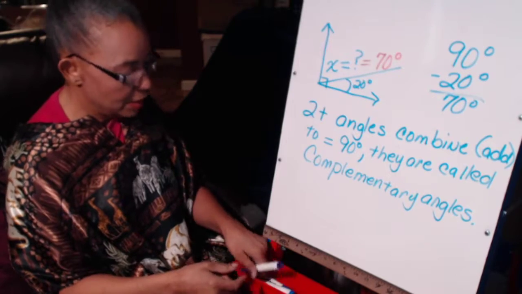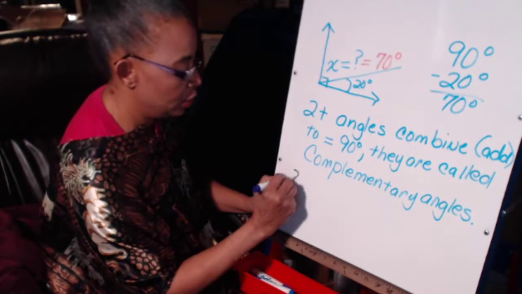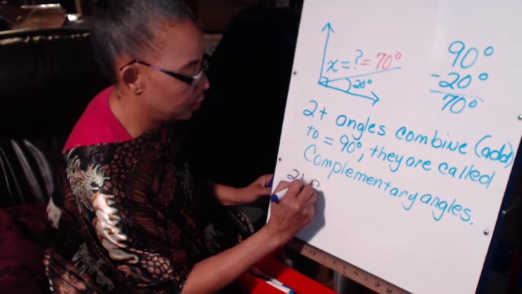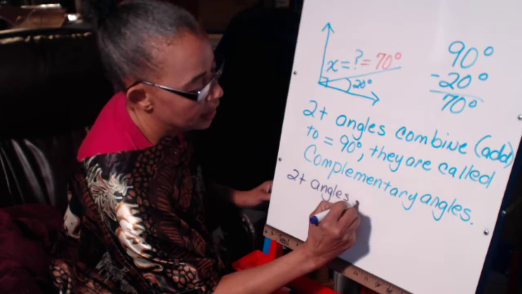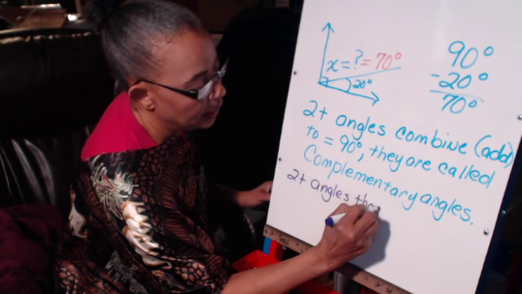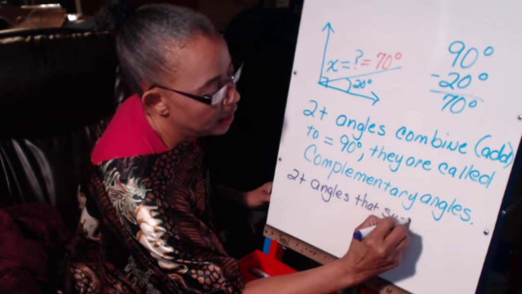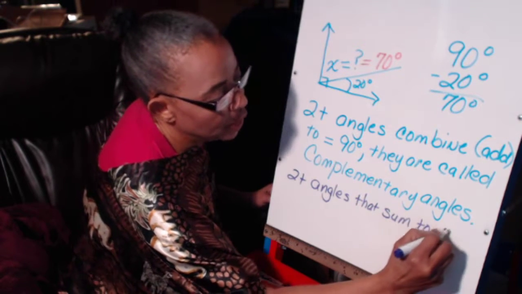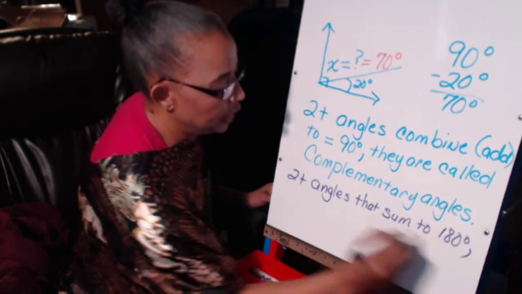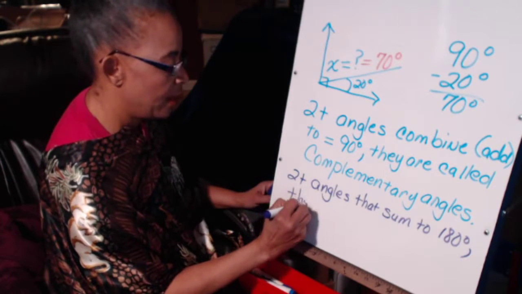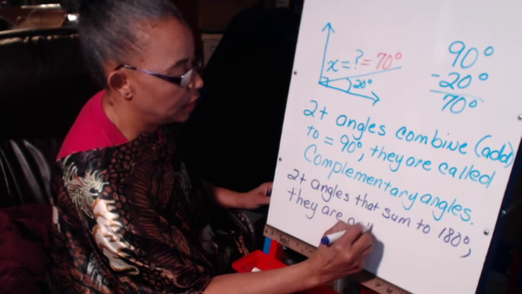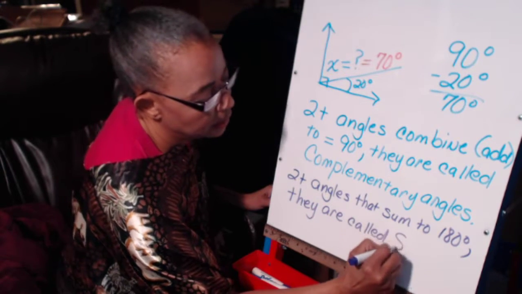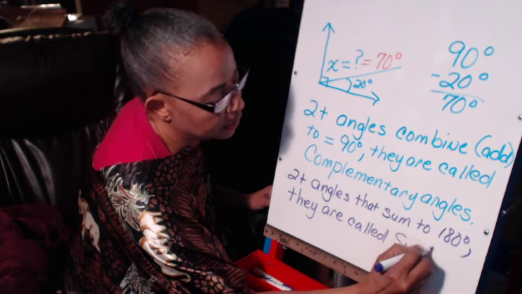So when we have two plus angles that sum to 180 degrees, they are called supplementary angles.